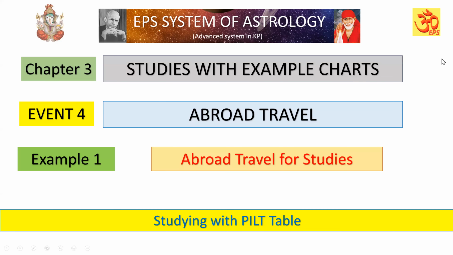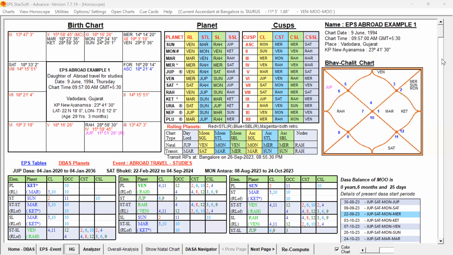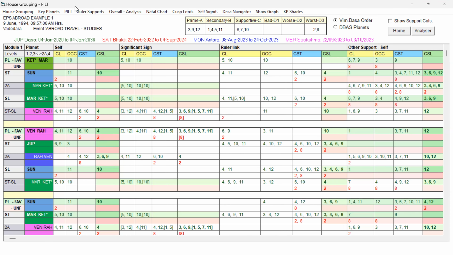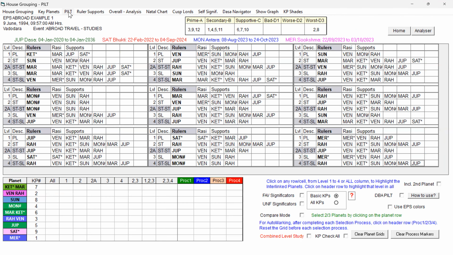Now let us examine the PILT table of this example chart. This is the birth chart of that female who traveled abroad for higher studies. Now we are going to examine with the help of the PILT table. We have already studied all the planets' significations, and we have given the respective shades also.